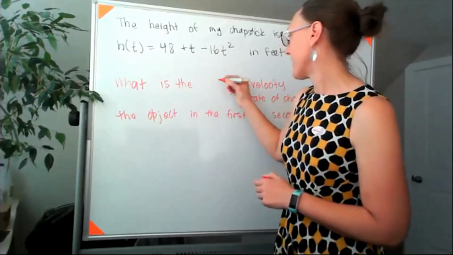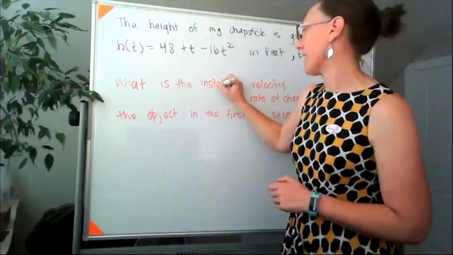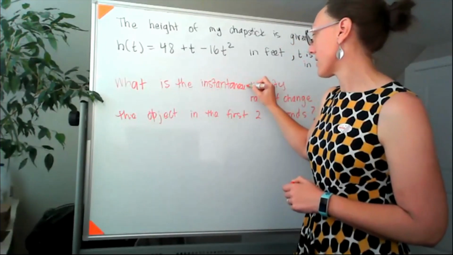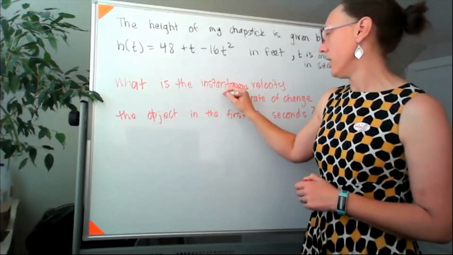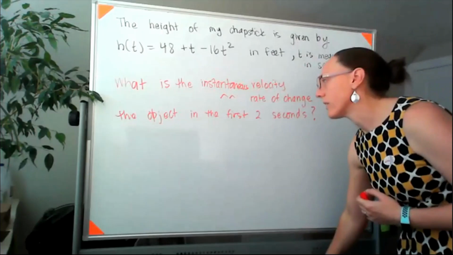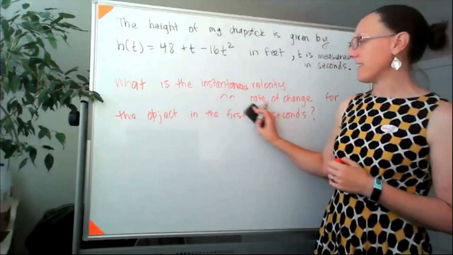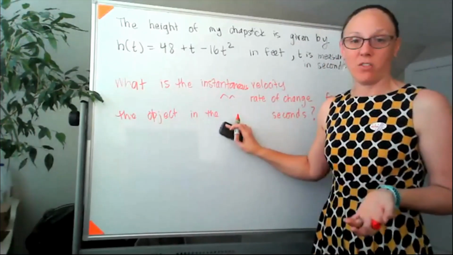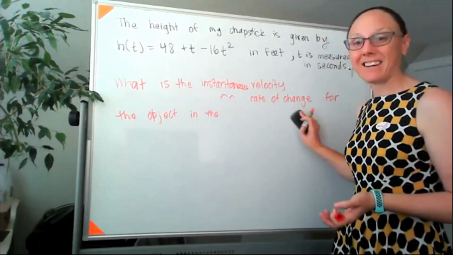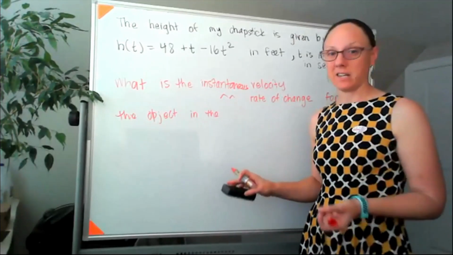So what is the instantaneous velocity, or instantaneous rate of change, for the object? And this time I wouldn't use a phrase like in the first 2 seconds, because if it's instantaneous, we need a specific instant.